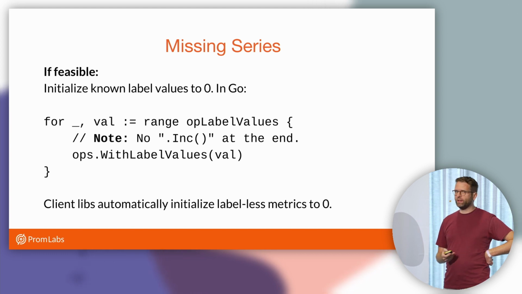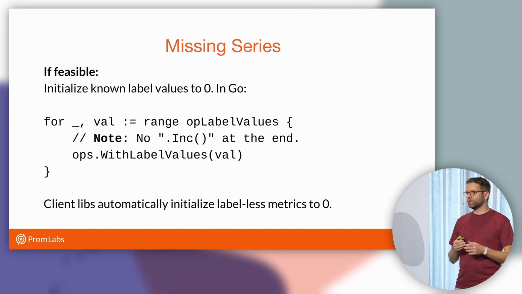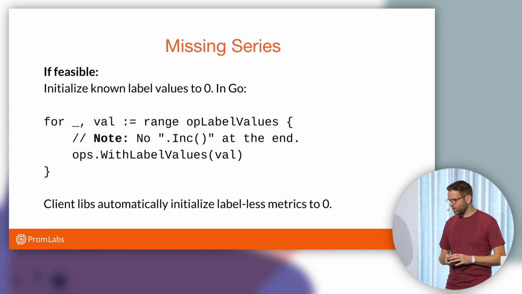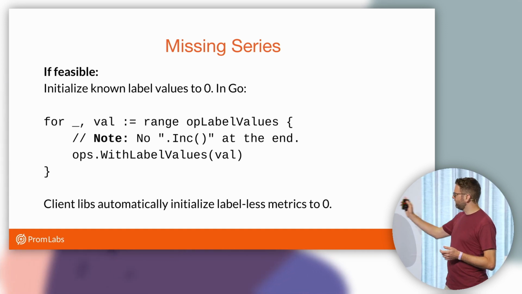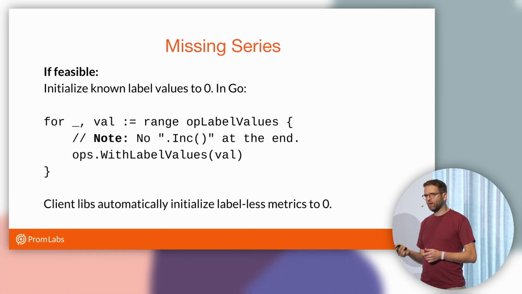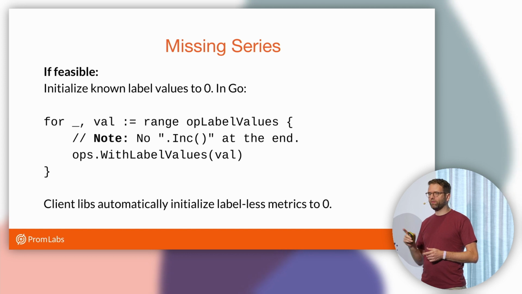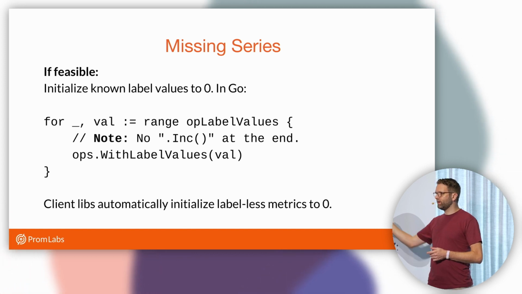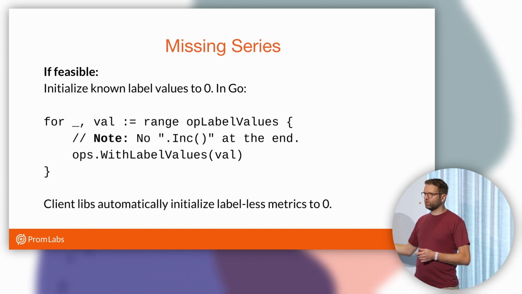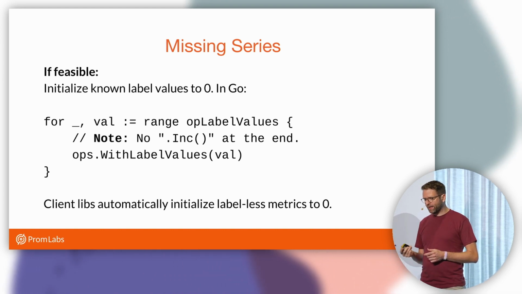So if feasible, if you really only have a certain number of already well-bounded, well-known label values, you can actually step through those when your program starts up, loop through the different known label values, and just reference that labeled metric once with each value to instantiate it internally in the client library without actually incrementing it.